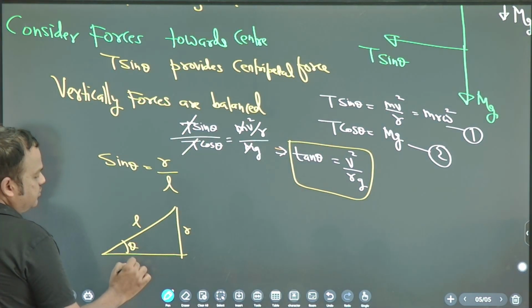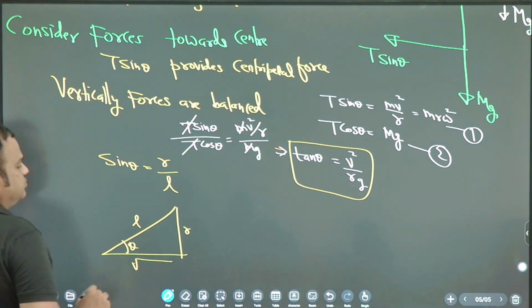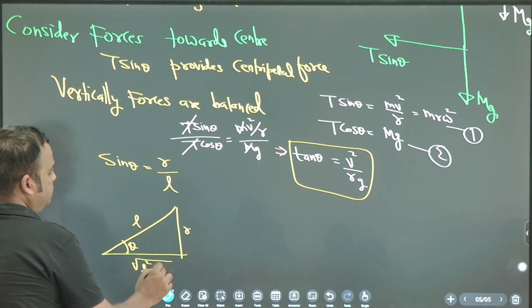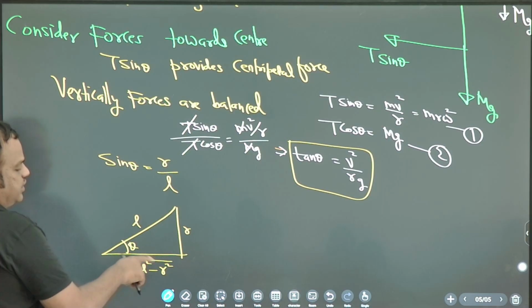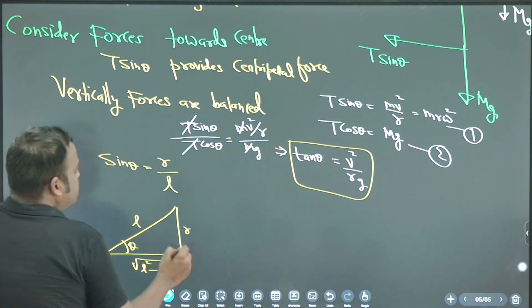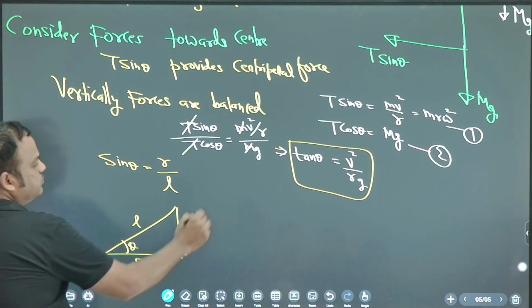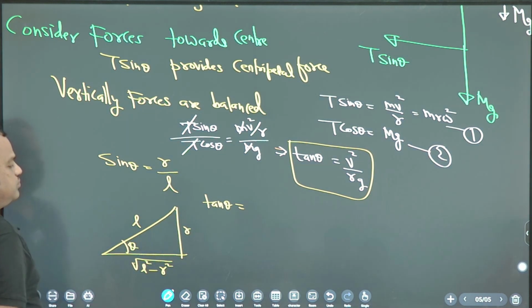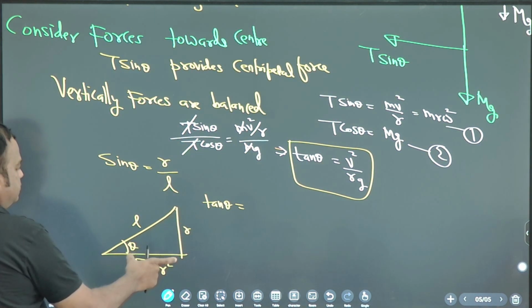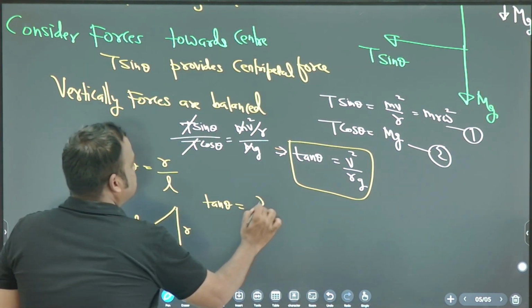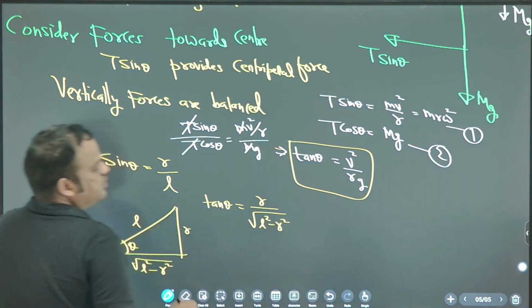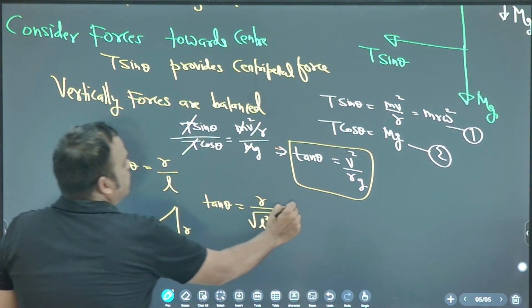So what is the adjacent? Square root of L square minus R square. This you understood, everyone? So what is tan theta now? R by square root of L square minus R square. And you can call it height also.